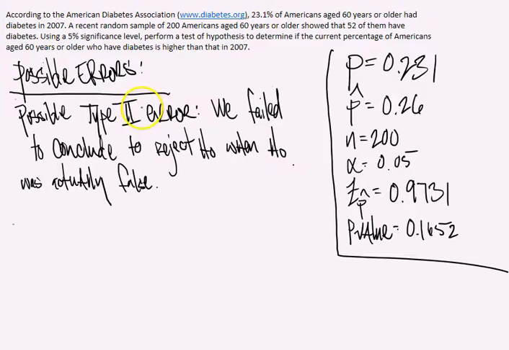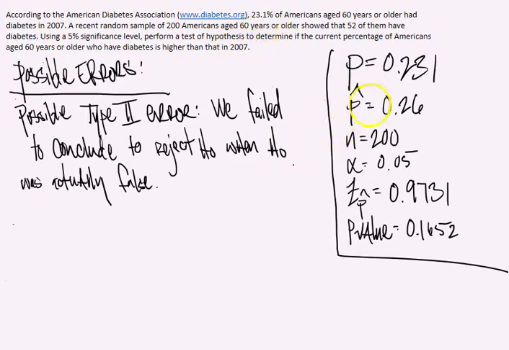Type 1 error is the other way. If we did decide to reject the null hypothesis, but the null hypothesis was actually correct, right? So if we said, no, our data is too far away from this for this to be true. This is wrong. It has to be larger, but it actually was this thing. That's a type 1 error. That's not what we did. We did the opposite of that, right?